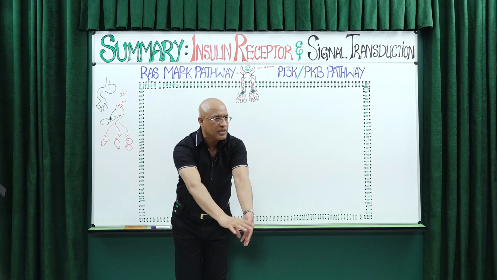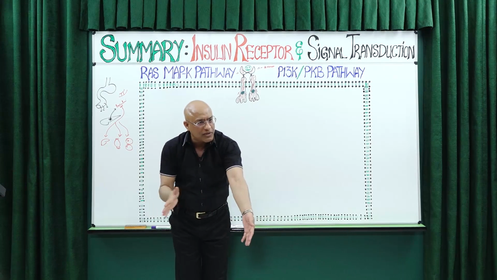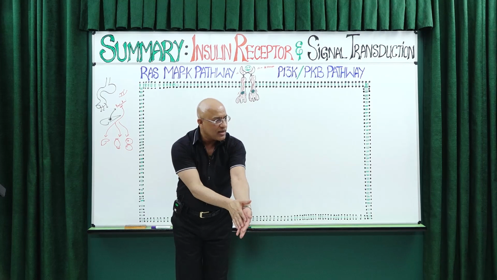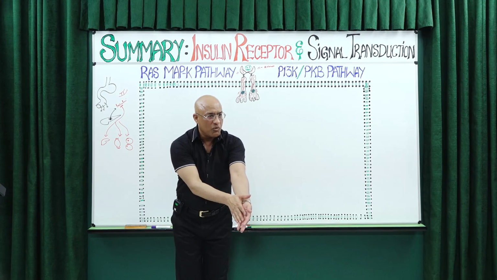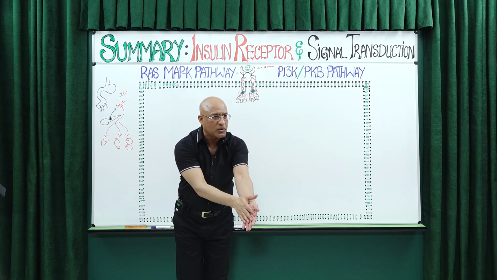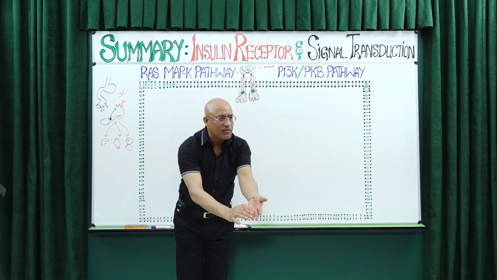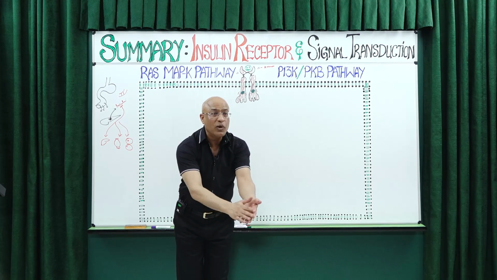This beta unit is made of many amino acids, so one beta unit will come close to the other beta unit and start looking for the tyrosine amino acids.